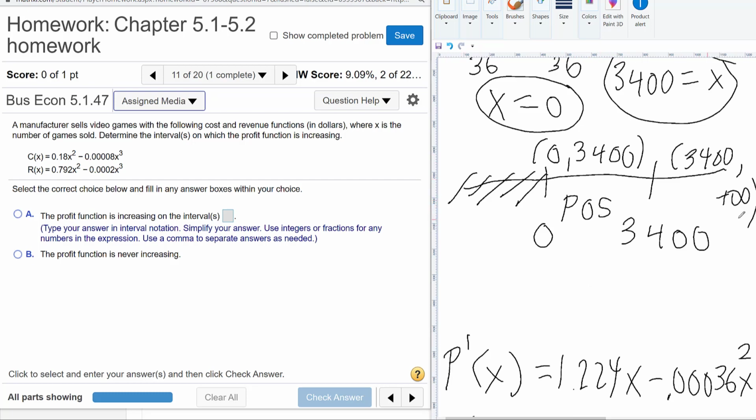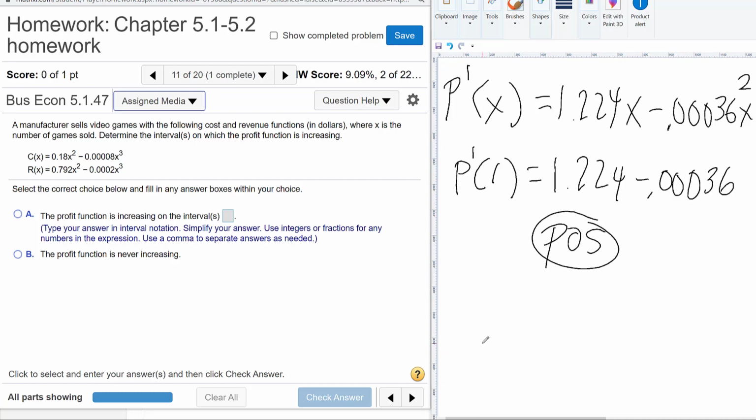Now, it could also be increasing here. So I'm going to have to pick another number to the right of that. So I'm going to pick P prime of 10,000.